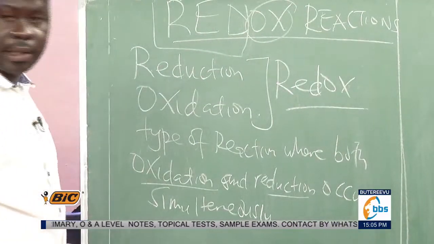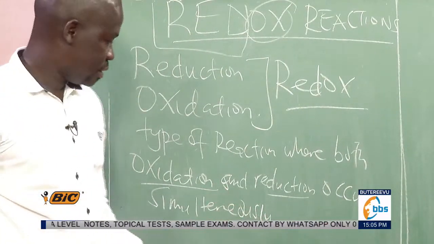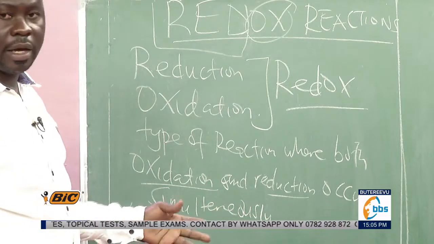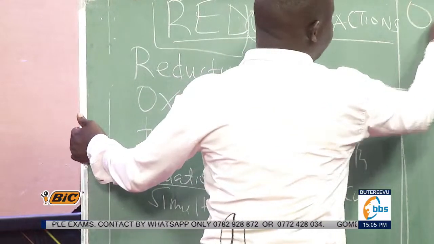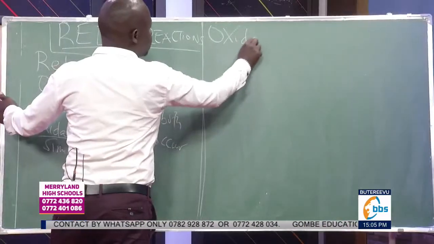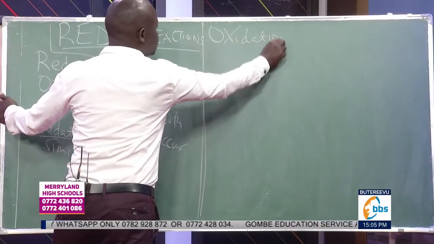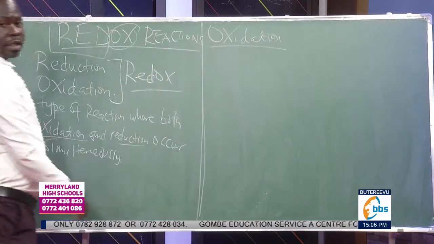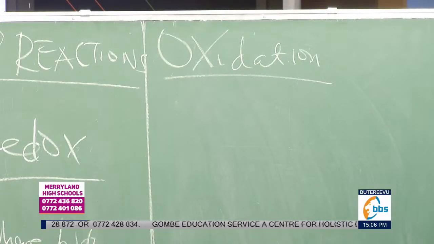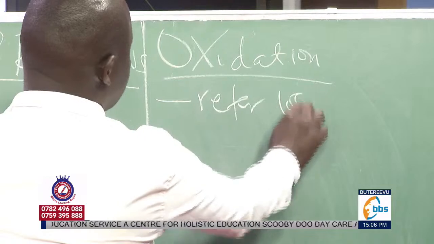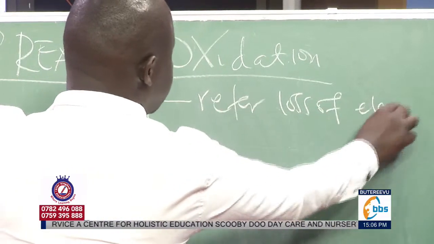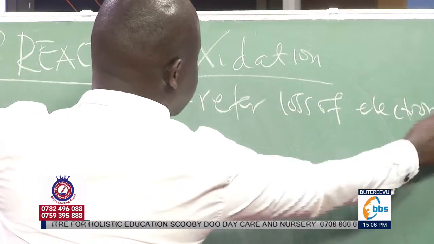Now, before we proceed, let us define the word oxidation. Oxidation is defined in many terms, but for A-level chemistry, we are going to define it in terms of electrons. So what's oxidation? Oxidation is defined as the loss of electrons.